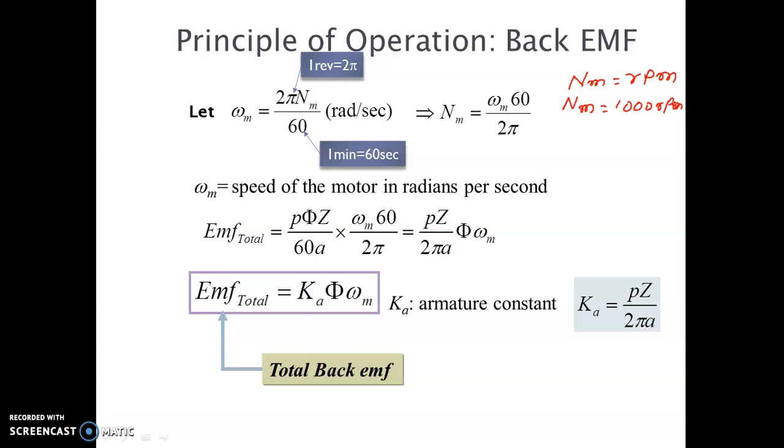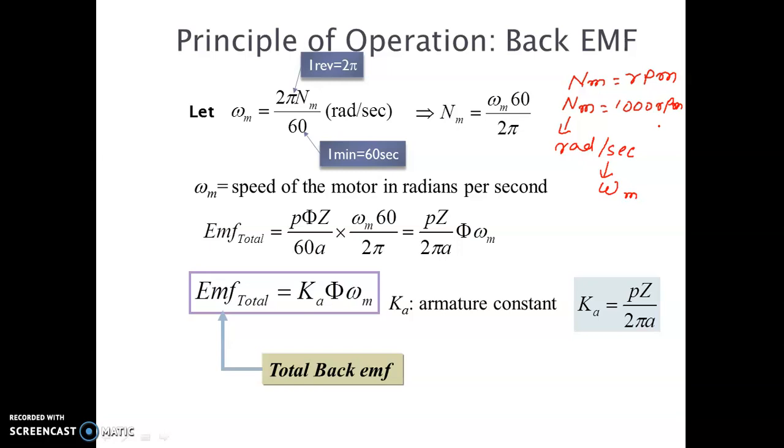How can you convert it into radian per second? I want to convert this Nm into radian per second, and this is called omega m, the speed of the motor in radian per second. And Nm is also the speed of the motor in rotation per minute. Two units are there, one is radian per second, another is rotation per minute.